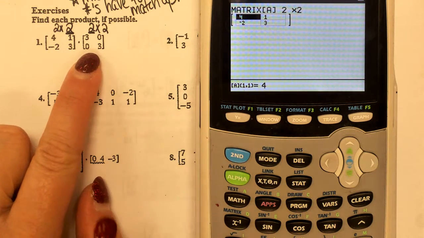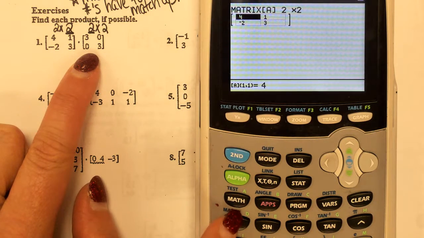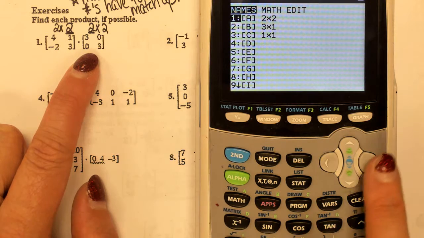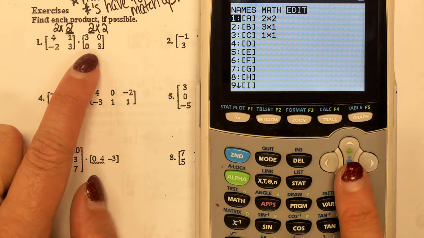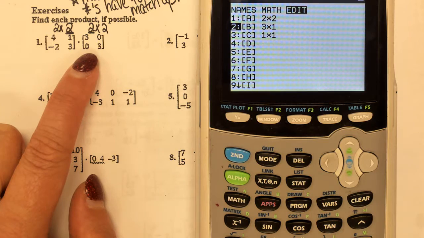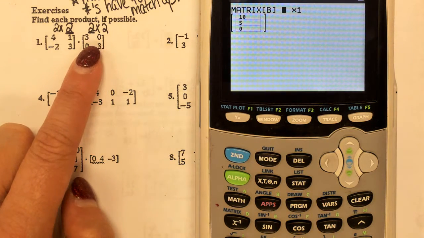Now we got to put in the second one. So where do we go to put in the second one? Same place. You have to hit second matrix. Then you go over to edit, but we are not going to edit the first one this time because we already have something in the first one. So we're going to hit the down button and we're going to edit the second one. What size is the second one? 2 by 2.